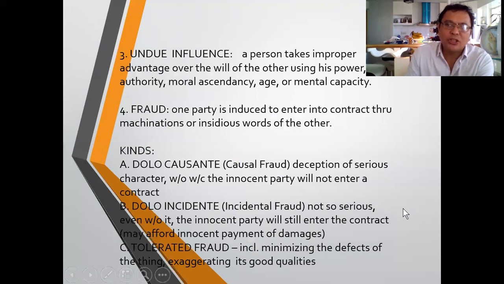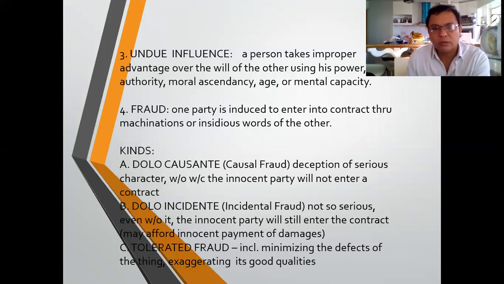Okay, number three is undue influence. This happens when a person takes improper advantage over the will of the other, using his power, authority, moral ascendancy, age, or mental capacity over the other. No? So let's say, for example, instead of the mall owner forcing you to sell your property, it is now your manager or your church pastor who comes to you.